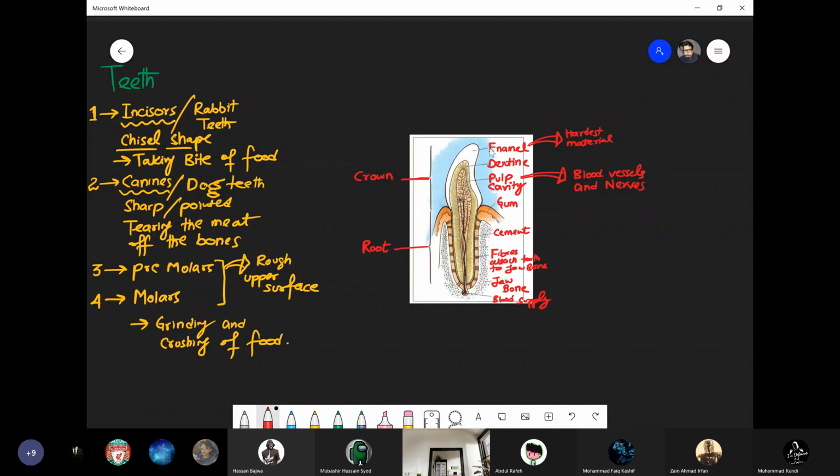Now, the exposed part has a white covering which is called enamel, which is the hardest material. Then below the enamel, there is the bony part, which is the dentine. Then below the dentine, there is the pulp cavity in which there are blood vessels and nerves.